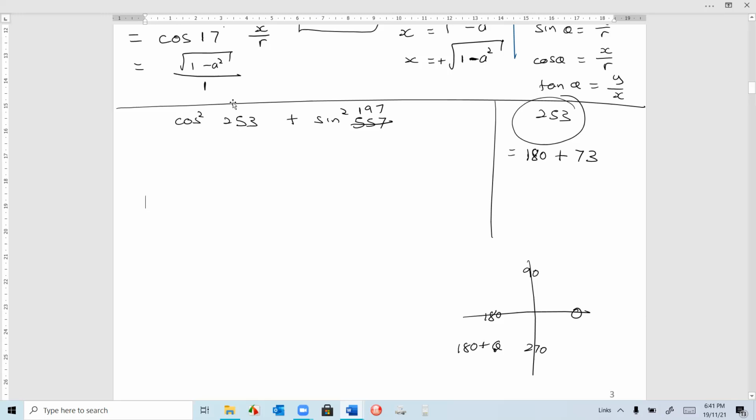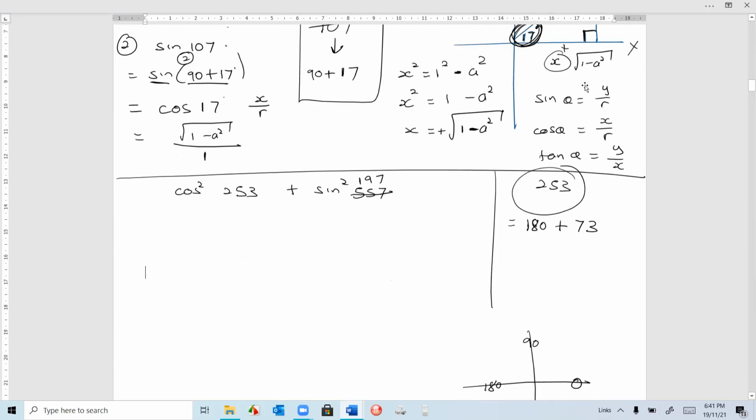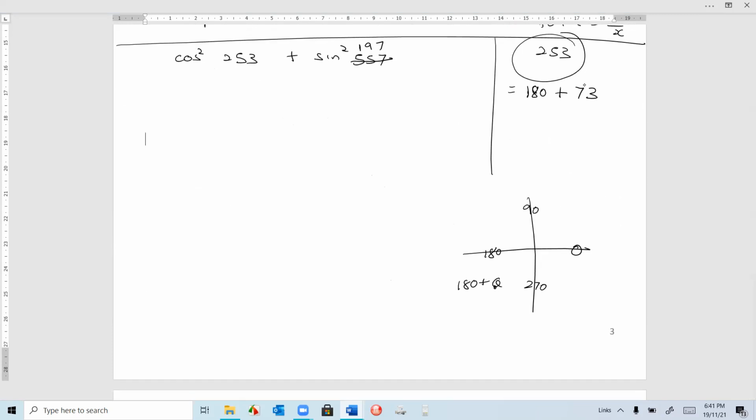Now, I'm quite happy to use 73 because can you see I have it in my diagram? Okay, so that's the key. So let's rewrite the first one. We're going to say cos squared, and we're going to write 253 as 180 plus 73.